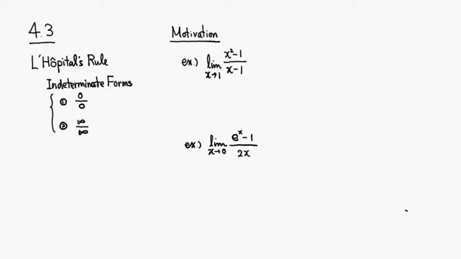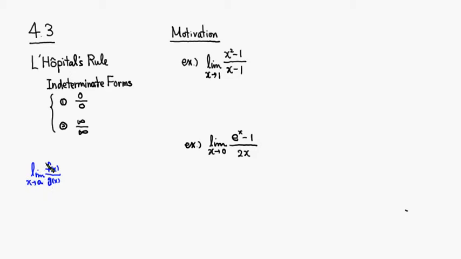So it goes kind of like this. If you want to find the limit of, say, a function f of x over another function g of x, so you have a quotient, and x goes to some number, say a.